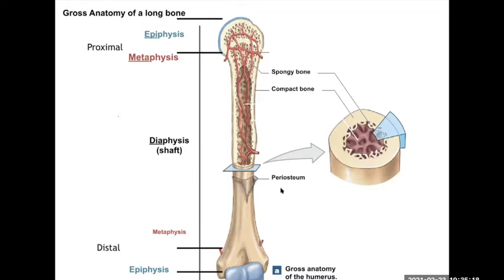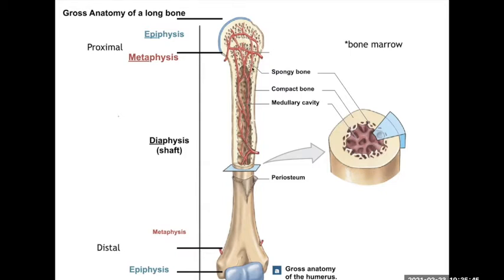But otherwise, you have the ends called the epiphysis, which will have the cartilage on top, and you'll have the shaft. Within the shaft, you have this big open space called the medullary cavity, which goes down the middle. It's basically a hollow space on the inside of your bone.